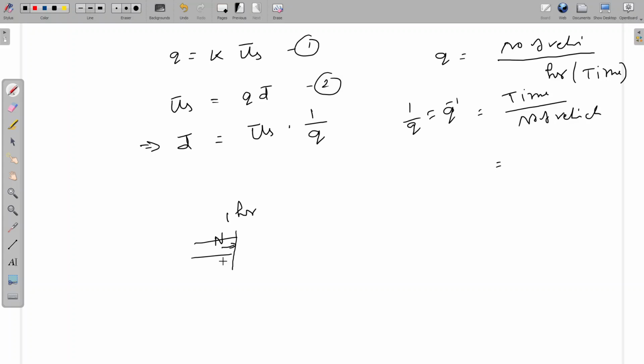So what will be the average time gap between two vehicles? That will be nothing but equal to total time duration divided by number of vehicles. Total time is whatever, 1 hour, and total number of vehicles crossed is n.